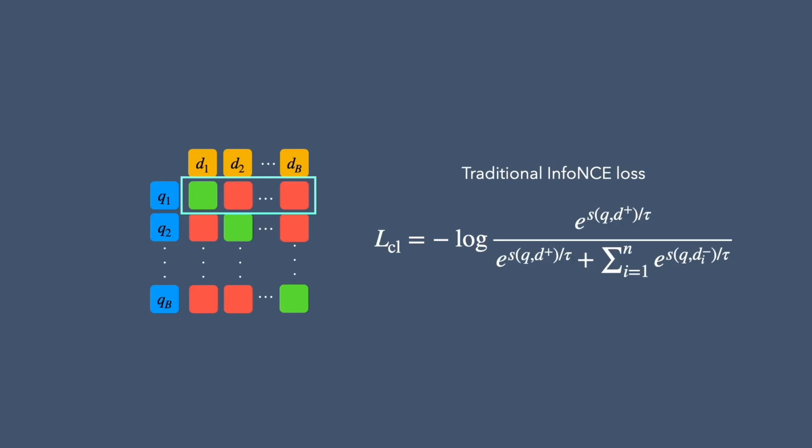Another interesting point of GTE is the improved contrastive loss that expands negative samples in a bidirectional manner. Traditional InfoNCE loss compares each query to in-batch positive and negative documents. Since it focuses on each query and compares its relationship with documents, it can be considered a unidirectional training approach.